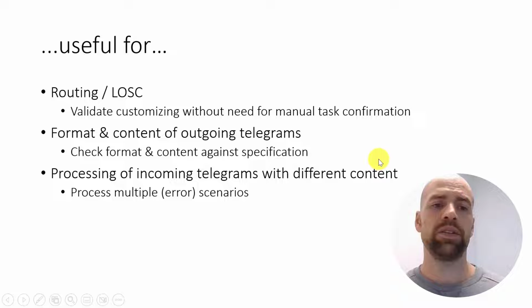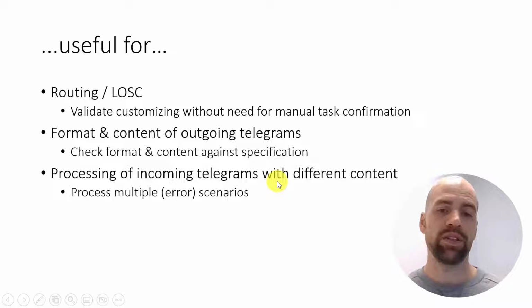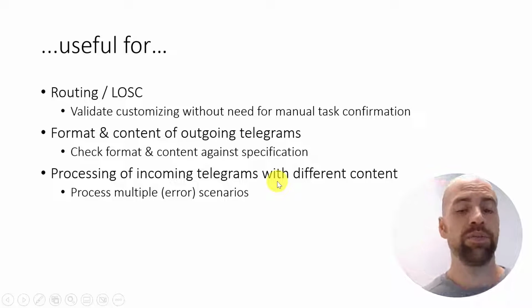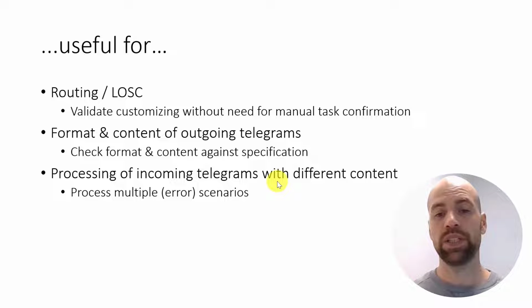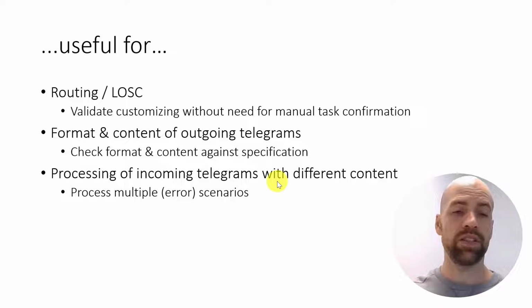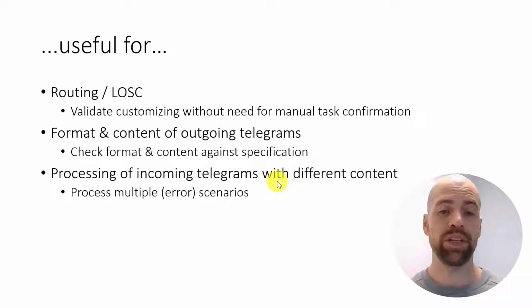Third point, which is one where the emulation can help, is the processing of incoming telegrams. So you can validate the code that you implemented to process telegrams which are coming from the subsystem to EWM. And for instance, you agreed in the specification phase with your subsystem vendor that this set or list of error scenarios or error codes could be sent from the subsystem to EWM.